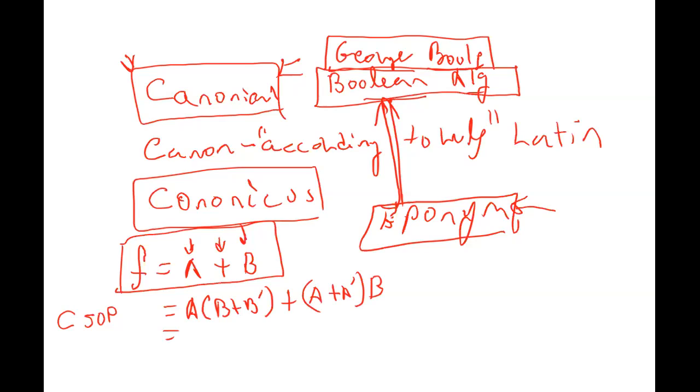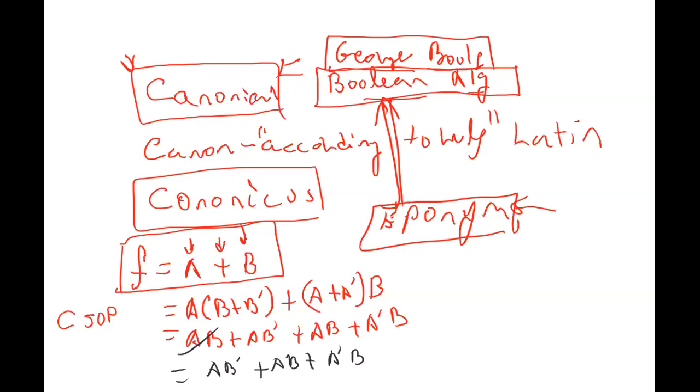We then use the associative law and write AB or AB prime or AB or A prime B. We then notice that AB is written twice, and therefore we can write our new canonical sum of products as AB prime or AB or A prime B. And that is a canonical sum of products.